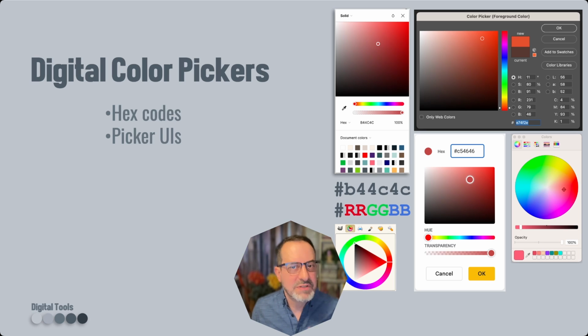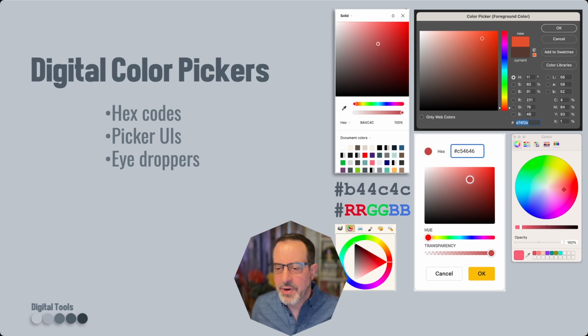Some of them have a circle. Some of them have that triangle. Really, this is allowing us to alter various aspects of the color, the hue, the saturation, the brightness, the red, green, blue, the cyan, magenta, yellow, and black. All these different attributes of the color will create the specific color that you want, and you can get the hex code for that.